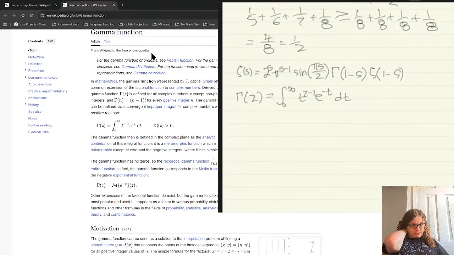And we can rewrite this as the limit as n approaches infinity of the integral from 0 to n of t to the z minus 1 e to the negative t dt.